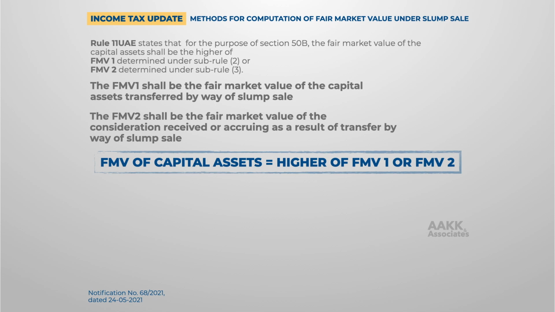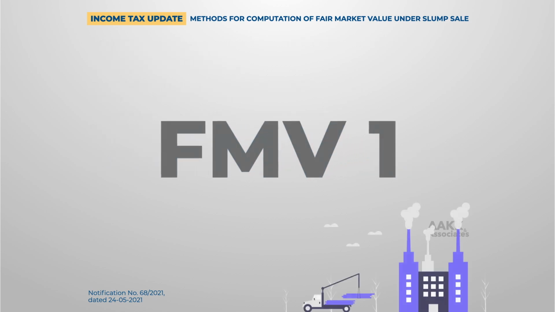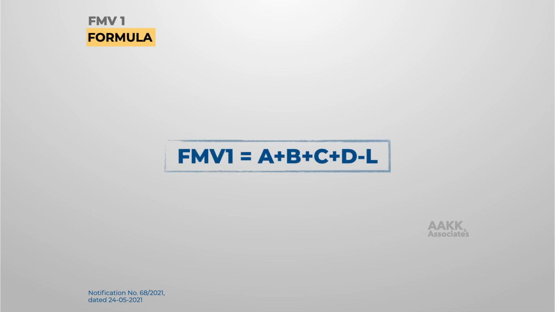Let us discuss the formula for computing FMV1 and FMV2. FMV1 shall be the sum total of the components A, B, C and D, reduced by L. Let us go through in detail regarding these components.